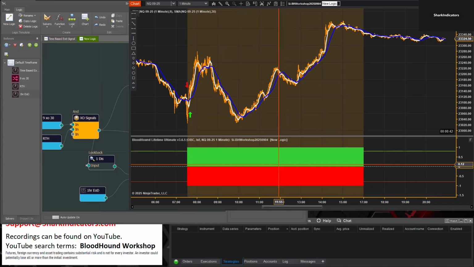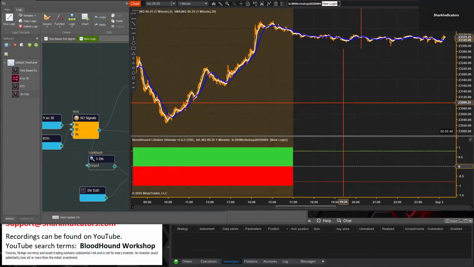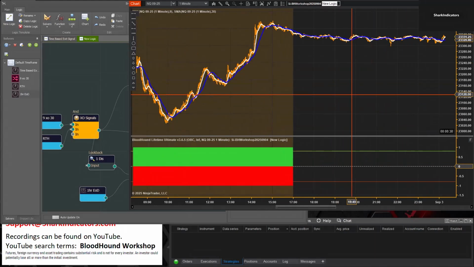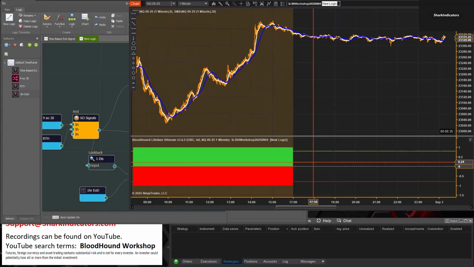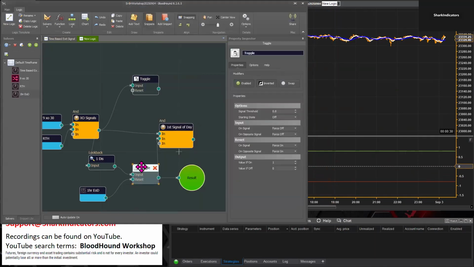So now it looks like the toggle node is on. And then during the overnight session, when the toggle node is actually on, the output has been inverted to being on. So internally, the toggle node is in an on state, but we're inverting the output here.